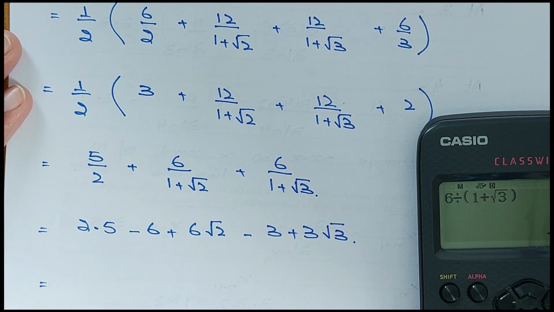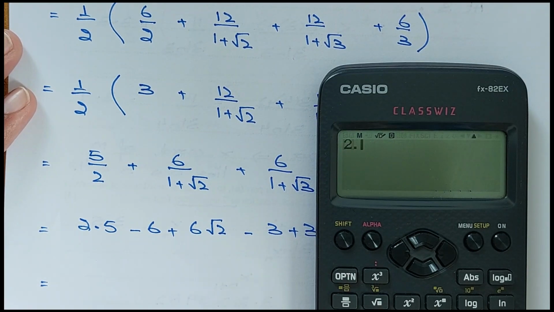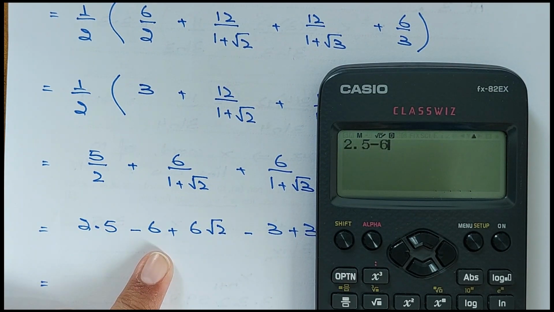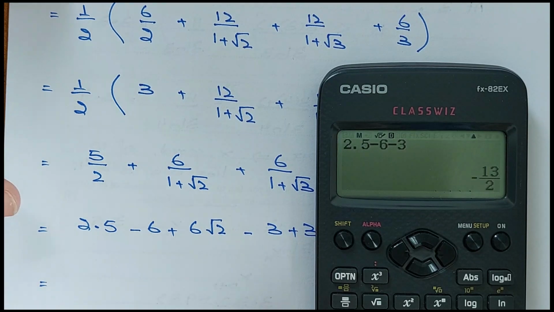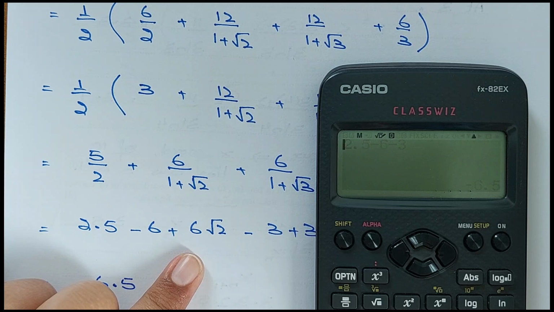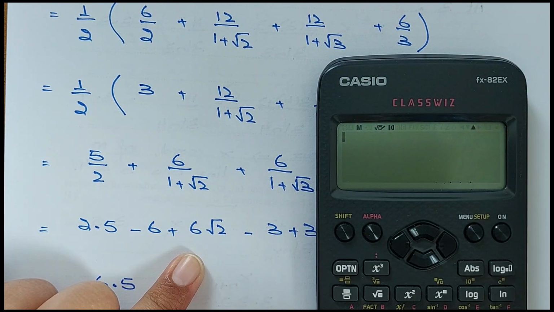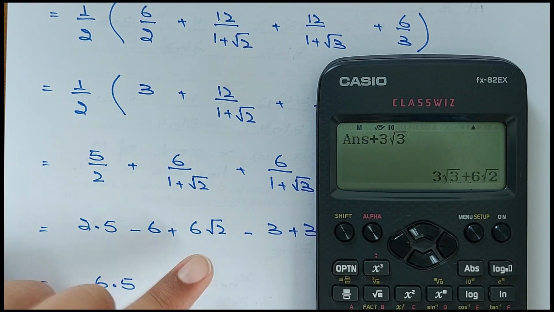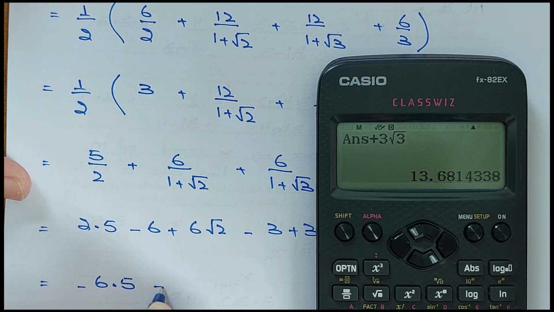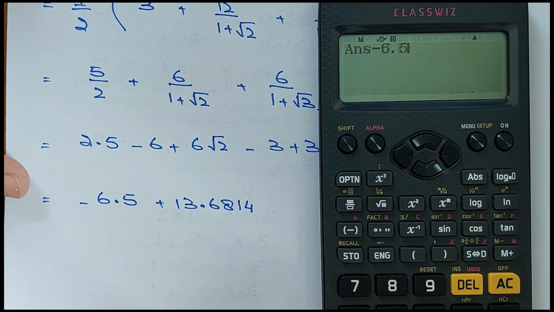Right. Okay, so we can simplify. Now we have 2.5 minus 6 minus 3, which is negative 6.5, and 6 square root of 2 plus 3 square root of 3, which is 13.6814. Right, and subtract 6.5.